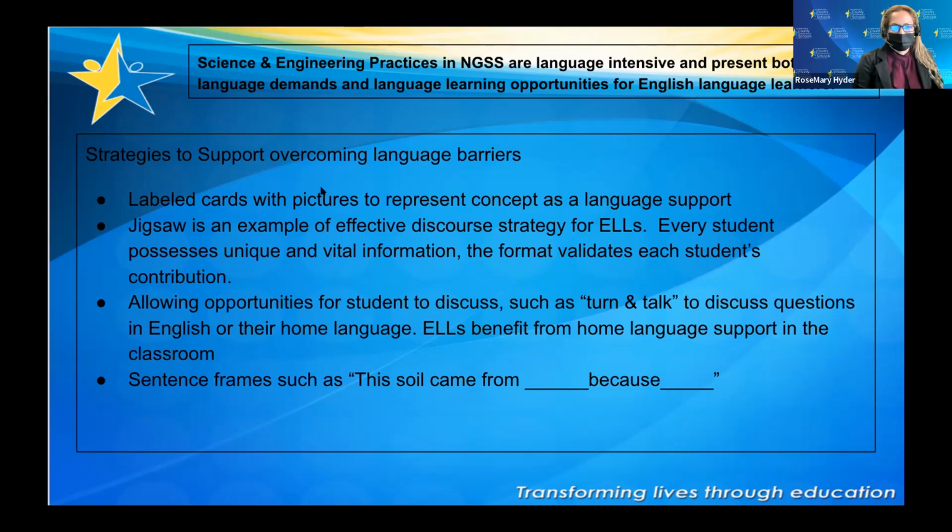And if they said no, then we can show a picture. And like she said, all ducks aren't yellow, so they may not be looking for those pieces. And say a duckling, all right? So explaining those, labeled cards with pictures to represent concepts as a language support. Jigsaw as well.